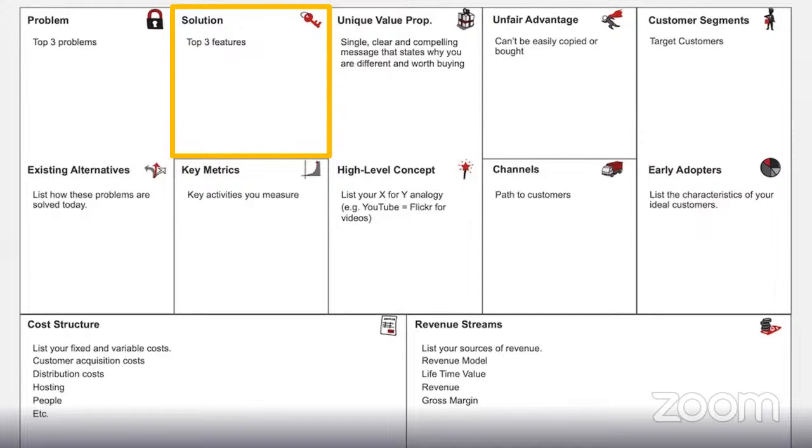So from the problem side, we go to the solution. The solution should discuss the top three features. Why? Okay. So thank you. You heard everything. Okay. So I go directly to answer Mariam's question. There should be a valid reason behind your business.